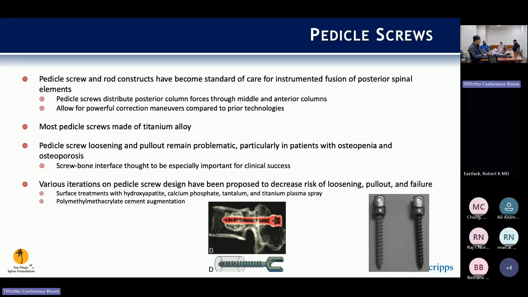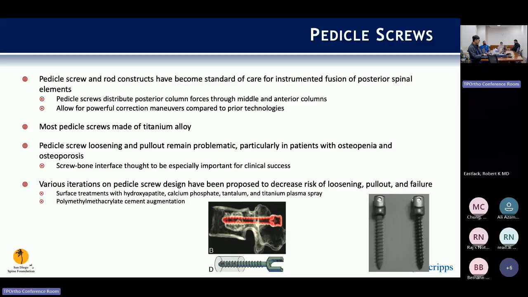So moving on to pedicle screws, a staple of spine instrumentation. Their design allows for transmission of force across the vertebral column and provides segmental stability. The majority of screws used today are titanium alloy due to the favorable biocompatibility and Young's modulus.